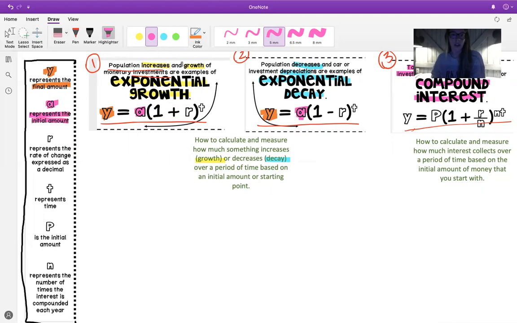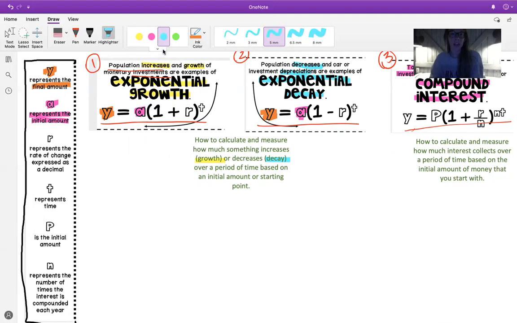So this gives you an exponential growth. It tells you how a population increases. So that A amount is going to be the population that you're starting with. Okay, and then they're going to want to know how it's changing over a period of time. And so the y would equal that population in 20 years.